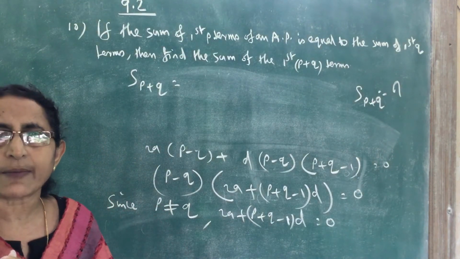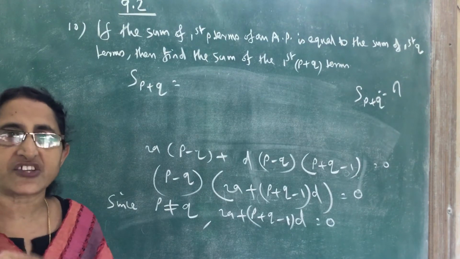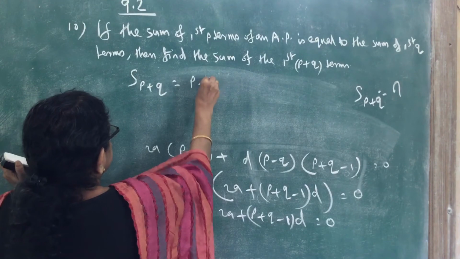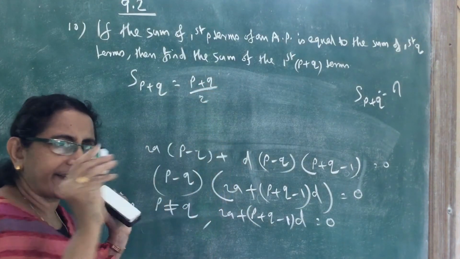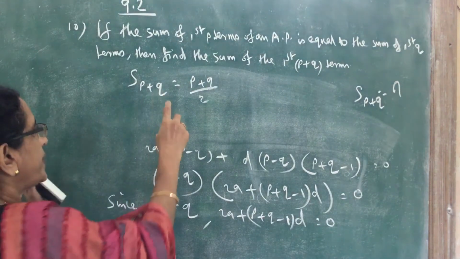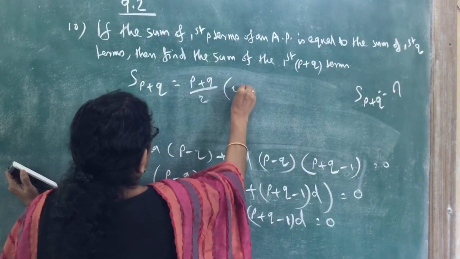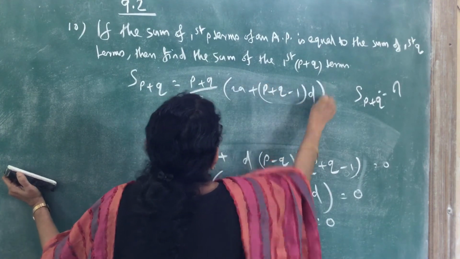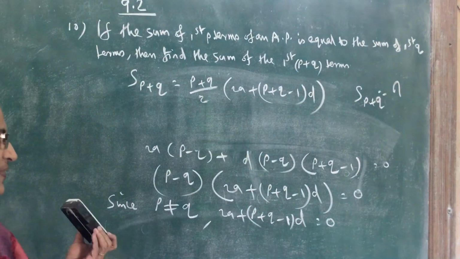Now we want to find the sum of p plus q terms, so in the place of n, we write p plus q. So p plus q by 2 into 2a plus p plus q minus 1 into d. This is the sum of first p plus q terms.